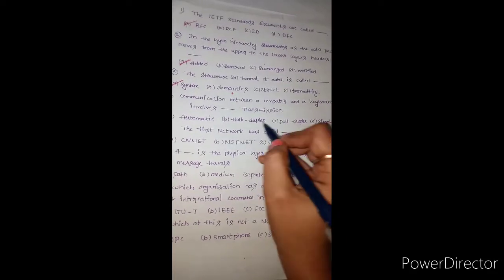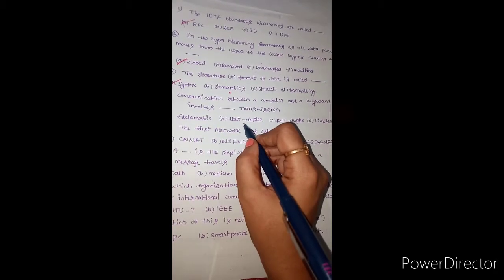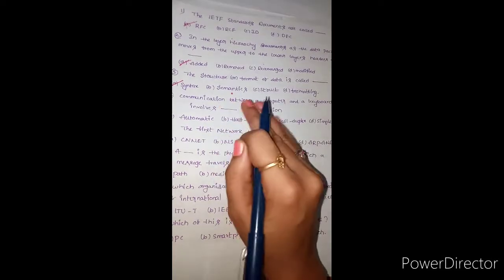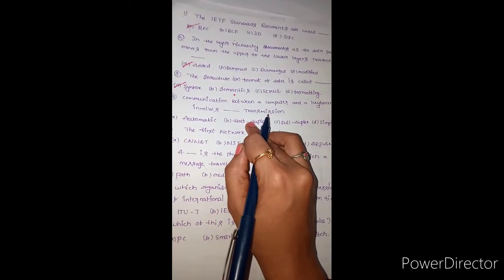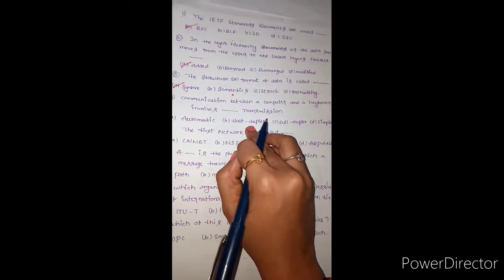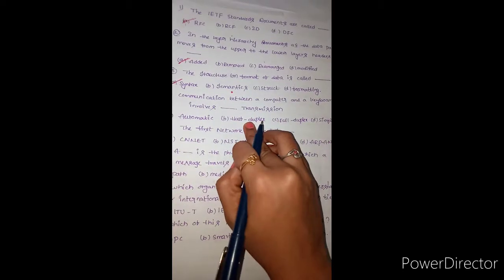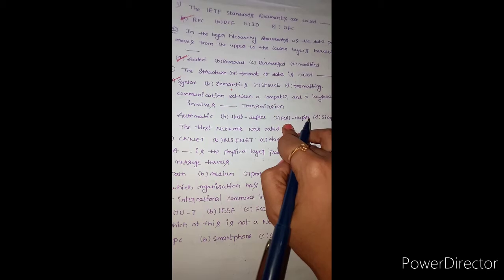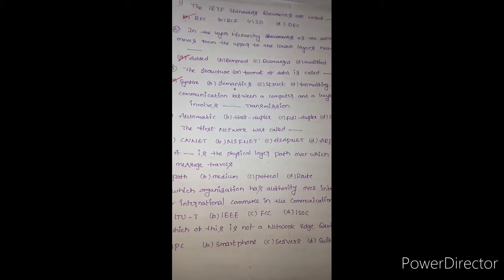Here, half duplex, the signal or data is sent in both directions but one at a time. So this is the wrong answer. Full duplex, both devices can transmit the signals at the same time.